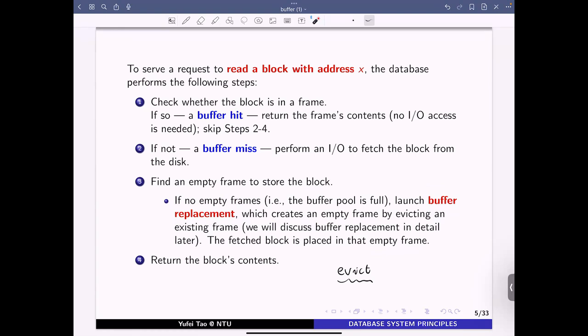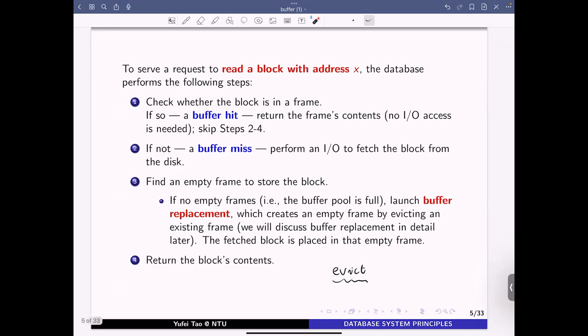When the buffer is full, there is this utility program that you can call, and it is going to create an empty frame for you. So you want an empty frame, and here it is, so that you can continue the process here. And finally, of course, you have to return the block's contents.